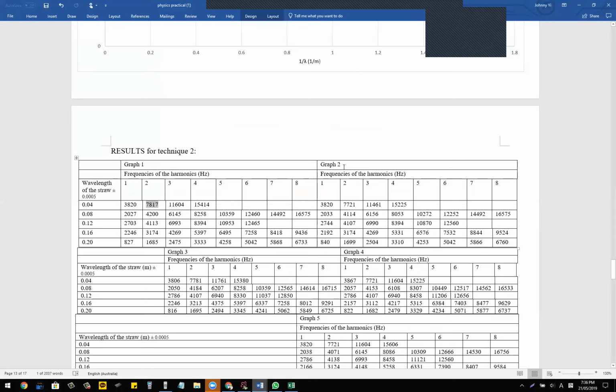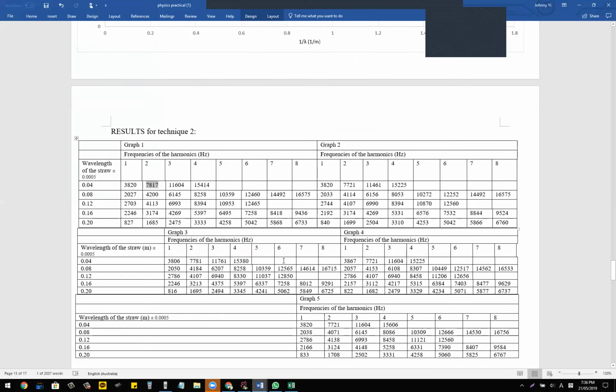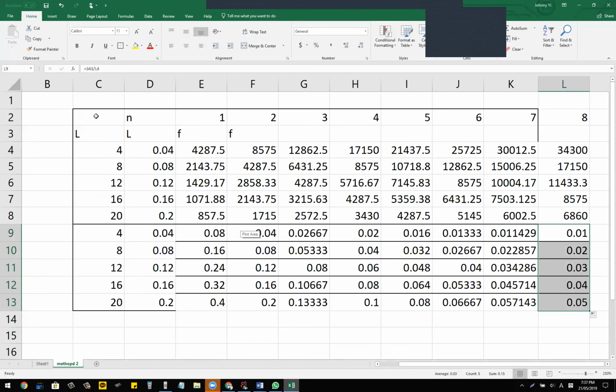Graph 1, graph 2. What's graph 1, graph 2? Like tiles, yeah. Okay. Let's compare that with this one here.